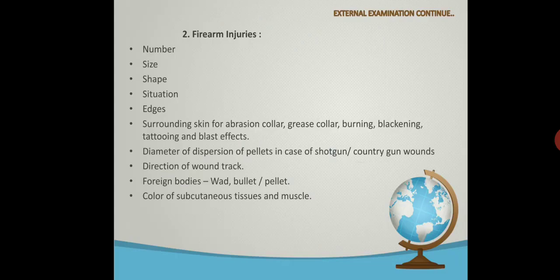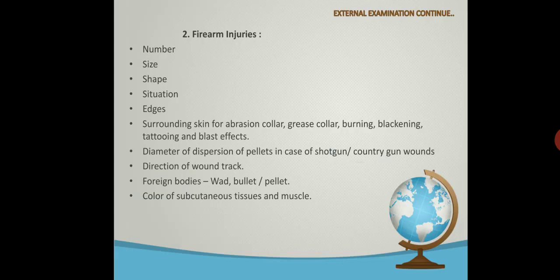Now I want to give some superficial idea about firearm injury. If you have to do postmortem examination of a firearm injury, what things should you keep in mind? The number of firearm entry wounds and exit wounds, size, shape, situation, age. In case of entry wound, you have to see the abrasion collar, graze, burning, blackening, tattooing, or any blast effect.